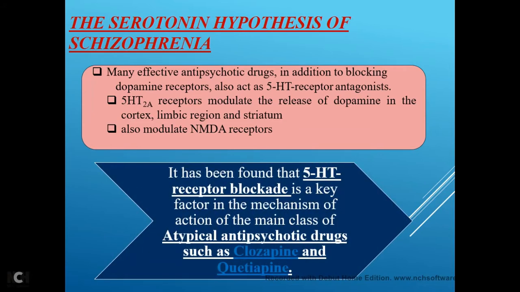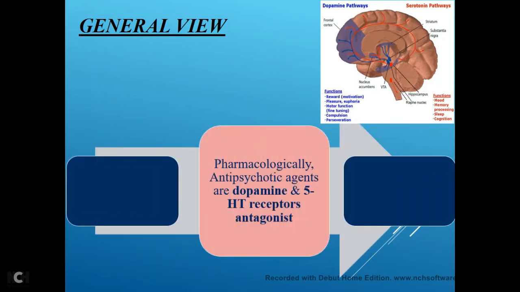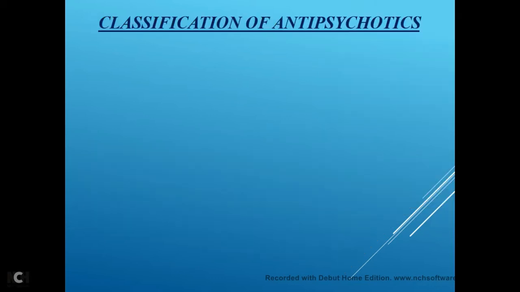It has been found that serotonin receptor blockade is a key factor in the mechanism of action of the main class of atypical antipsychotic drugs, such as clozapine and quetiapine. The general view is that pharmacologically, antipsychotic agents are dopamine and serotonin antagonists.